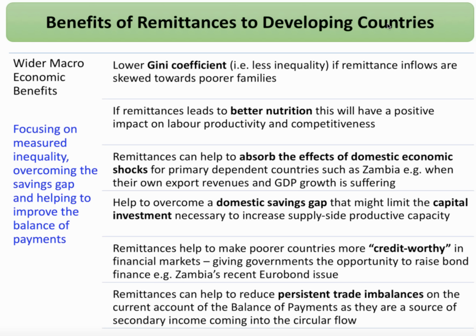A technical point is that remittance income appears as a positive item on the current account of the balance of payments. And for a lot of African countries that run significant current account deficits, they would be much worse without that inflow of remittance money coming in. So there are some macroeconomic benefits for remittance incomes, and hopefully this slide gives you 2 or 3 examples of what you can use there.